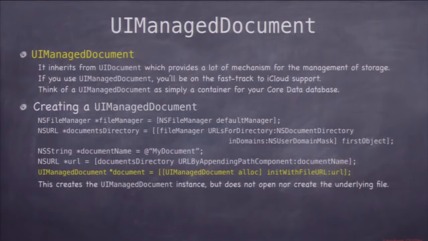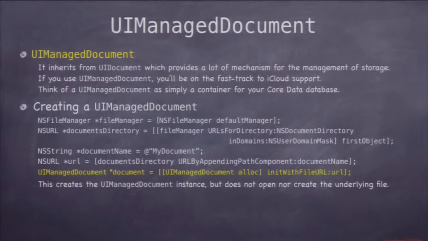So here's how you create a UIManagedDocument. You alloc init it. Its designated initializer is initWithFileURL. You have to give it the URL where this Core Data database is going to be stored. Okay? I put these four lines of code that are in white, that are before the yellow here. They describe how you would create a document called My Document in the user's Documents directory. We haven't really talked about storing files, right?